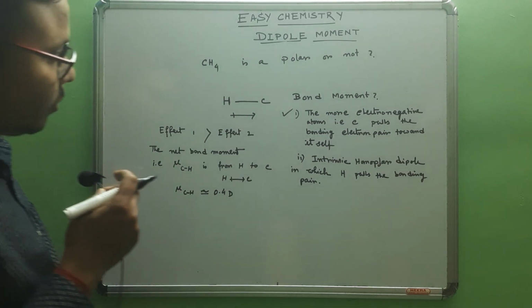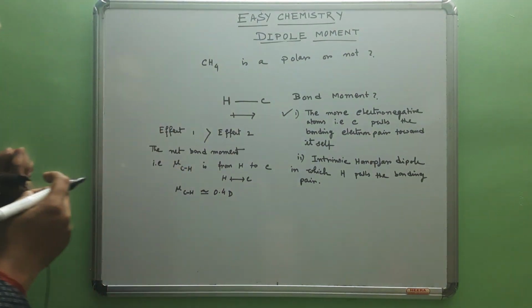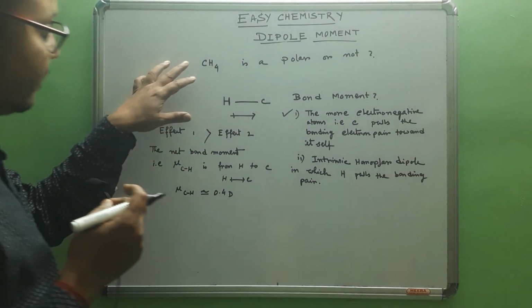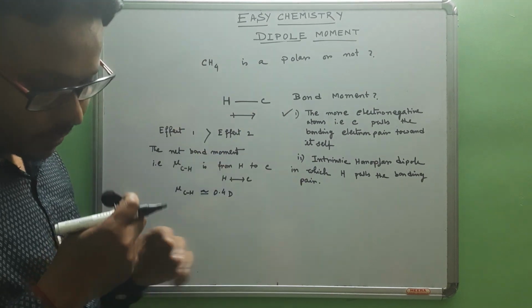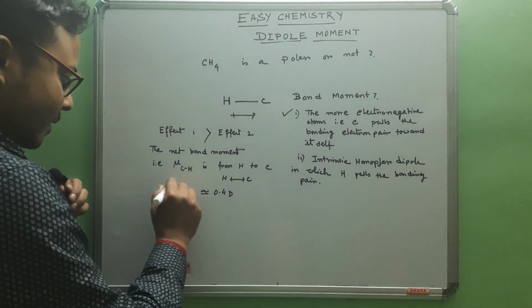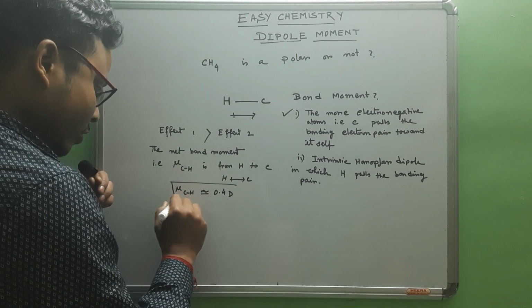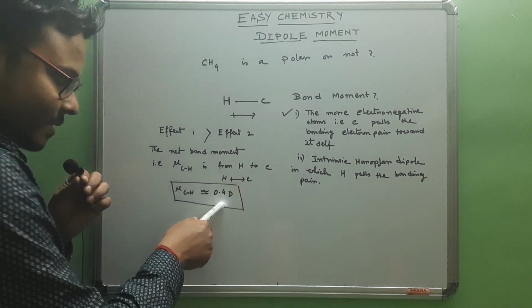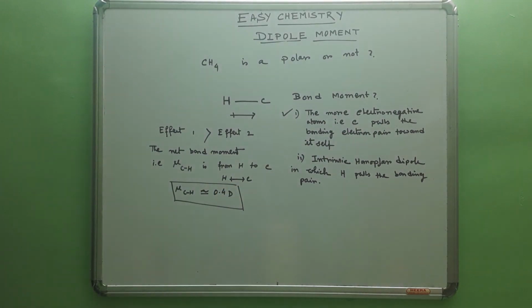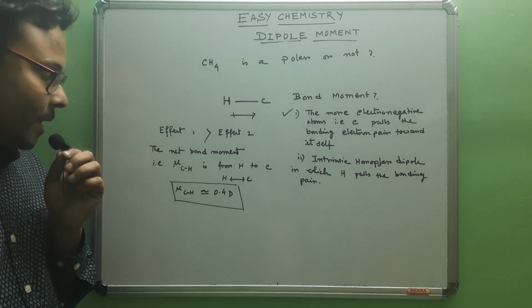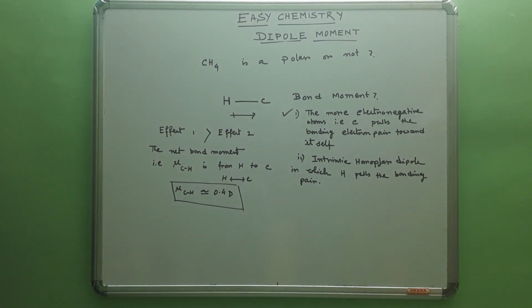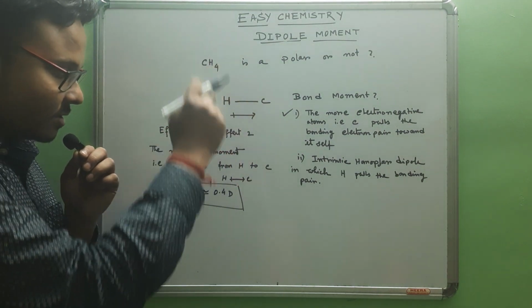Now we'll discuss the structure of CH4 and its polarity. What is the dipole moment of the CH bond? The CH bond dipole moment is basically 0.4 Debye, and the direction of the bond moment is from hydrogen to carbon. This is the main thing.